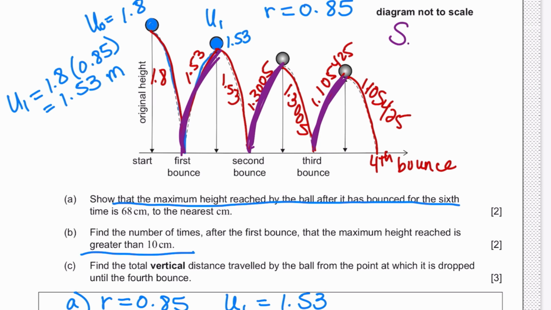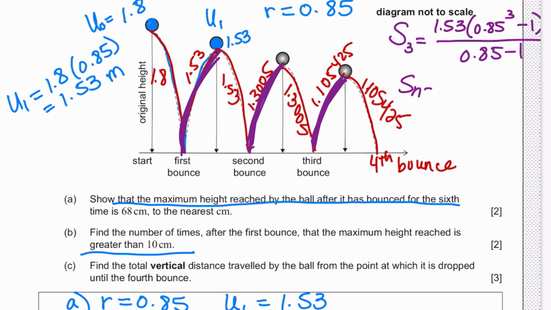So S of 3, the sum of those first 3 bounces, is going to be the first term, 1.53, times r, which is 0.85, to the n, which is 3 bounces, minus 1, all over r minus 1, 0.85 minus 1. Because the formula is Sn equals u1 times r to the n minus 1 all over r minus 1. In this case, I'm finding just the purple.